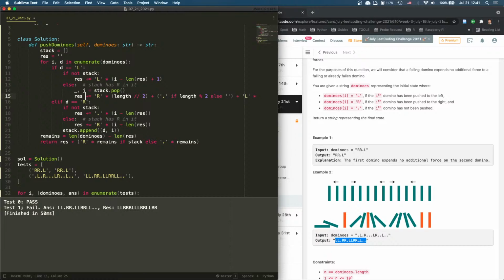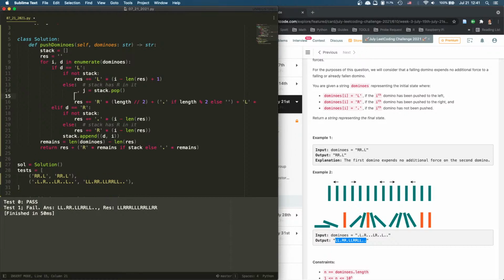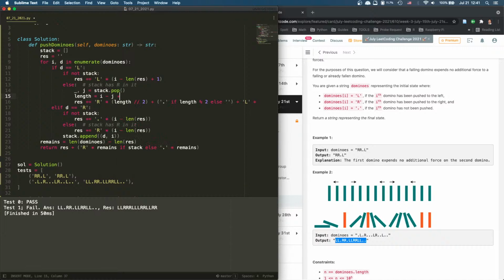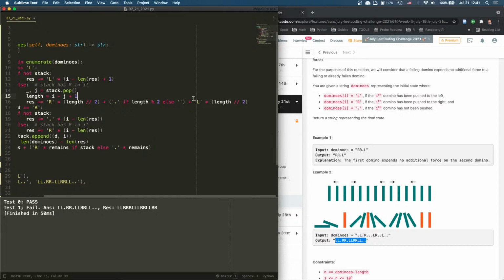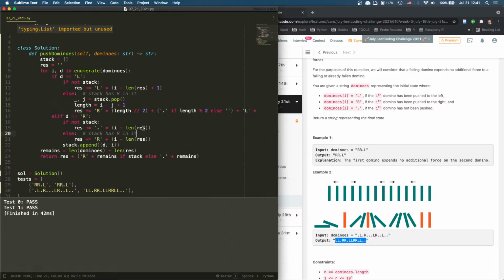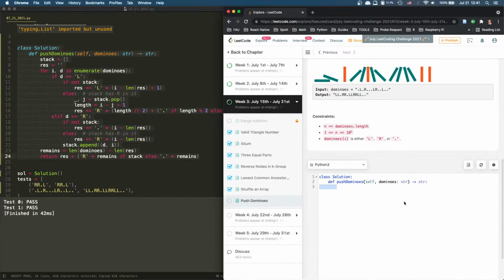Now we have a j. Now the length is i minus j plus 1. That's the length. Then we do whatever we need to do here. Okay, now let's try it again. Now both pass. Yeah, just a little bit of tweaking we needed.